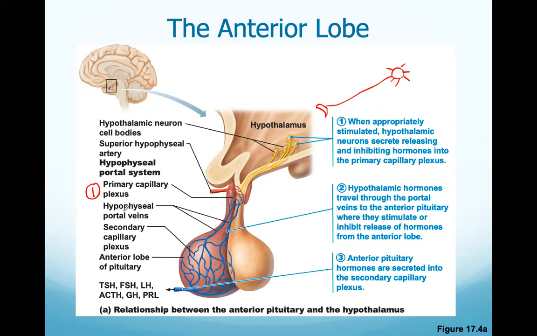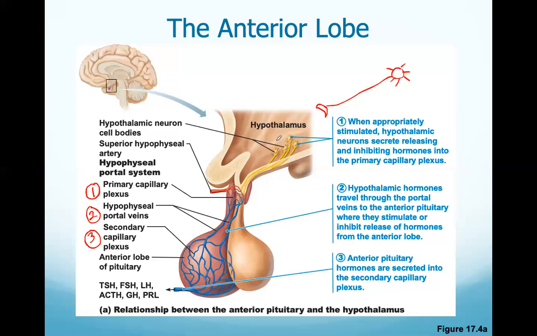So these neurons are going to release either a releasing hormone, depending on the condition, or what we identify as an inhibiting hormone. Regardless of which category of hormone they release, these hormones are first introduced into the primary capillary plexus. They go through these blood vessels you see right here, called the hypophyseal portal veins, and then eventually go into the surface of the anterior pituitary gland through a capillary network called the secondary capillary plexus.